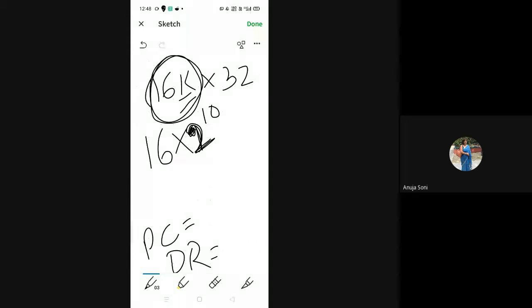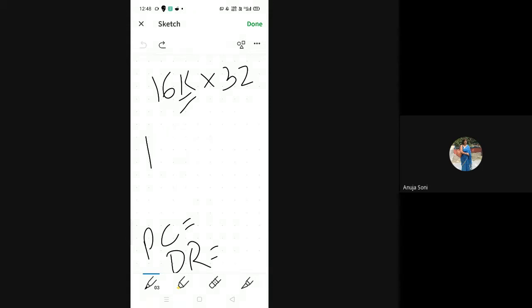First we converted K into 2 to the power 10, then we convert 16 also. That would be 2 to the power 4. 2 to the power 4 into 2 to the power 10 will give us 2 to the power 14. The powers add up. So this converts to 2 to the power 14.